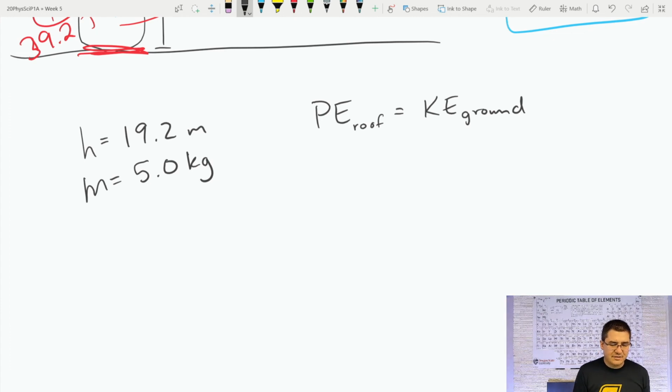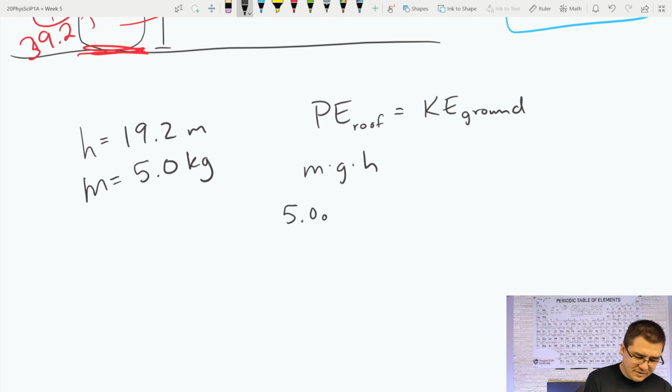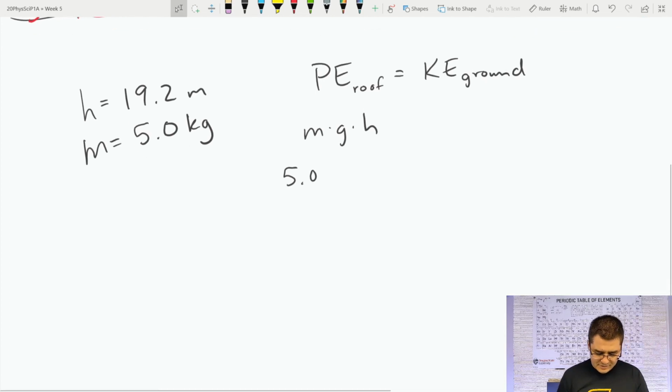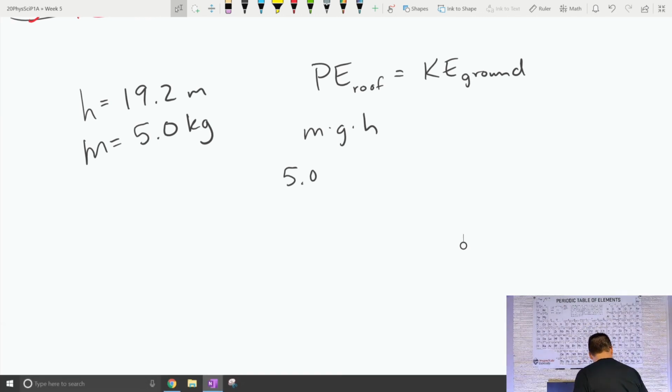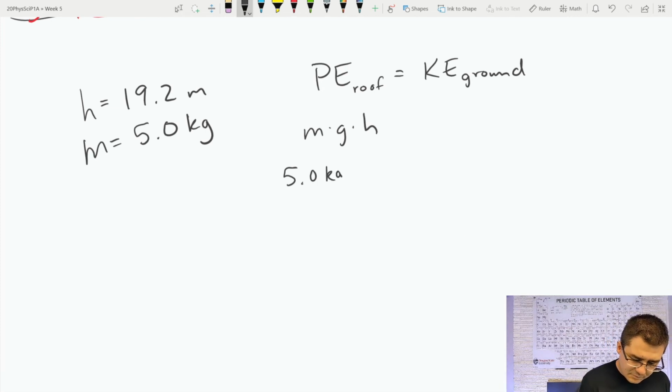Okay, so first of all, let's calculate the potential energy, m times g times h. So the mass is 5. The gravity, sorry, my pen's coming disconnected. Gravity is 9.8.